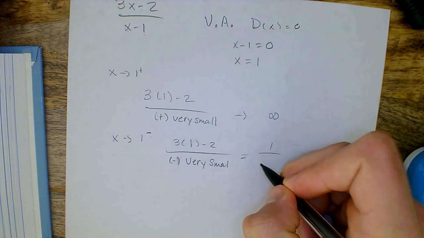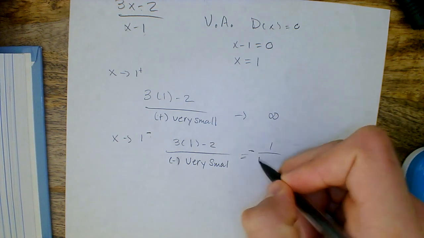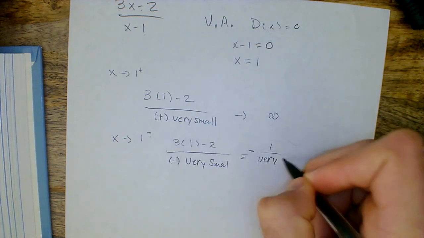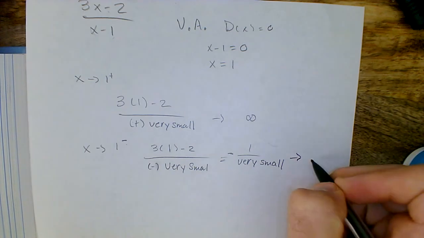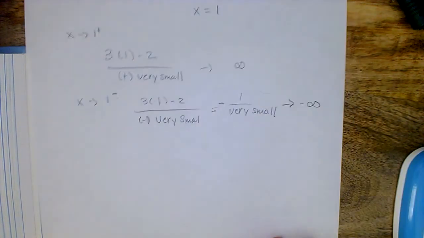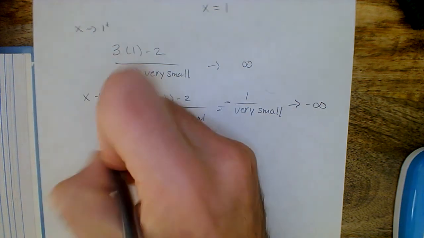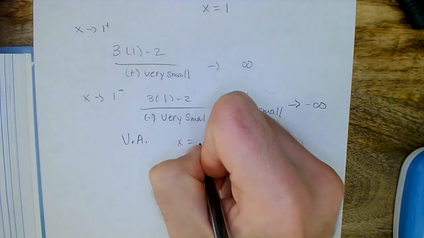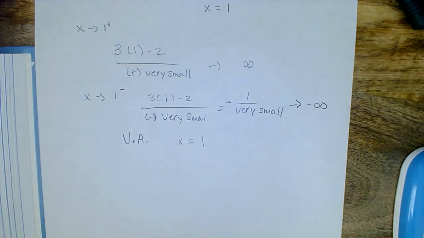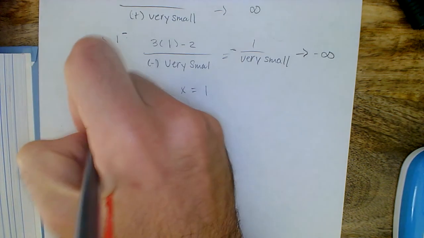So this is going to be a 1 over negative something very small, which is negative infinity. Okay, so we have a vertical asymptote at x equals 1.